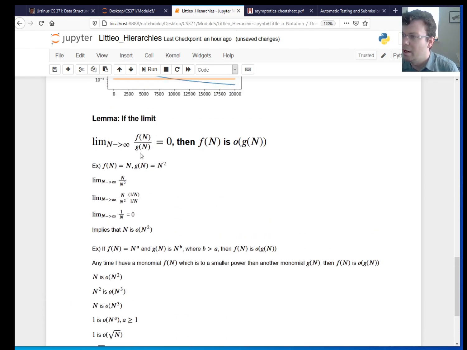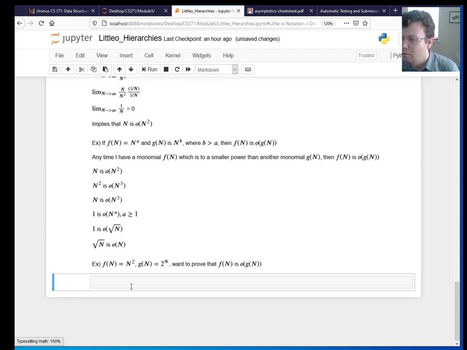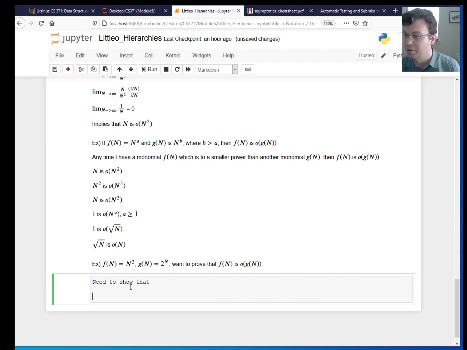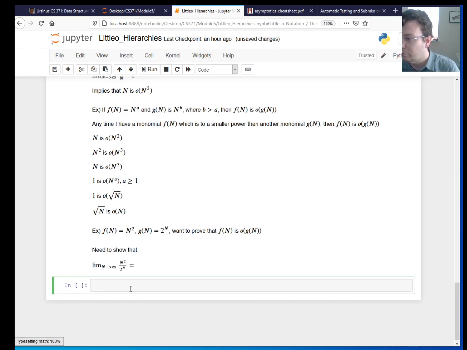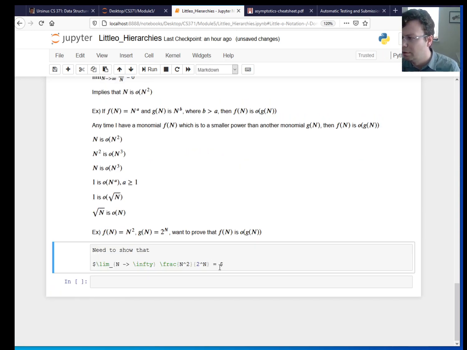Well, let's just try to apply this theorem. One strategy for proving this is to show that the limit as n goes to infinity of the ratio of n squared to 2 to the n is 0. This is what we have to show somehow.